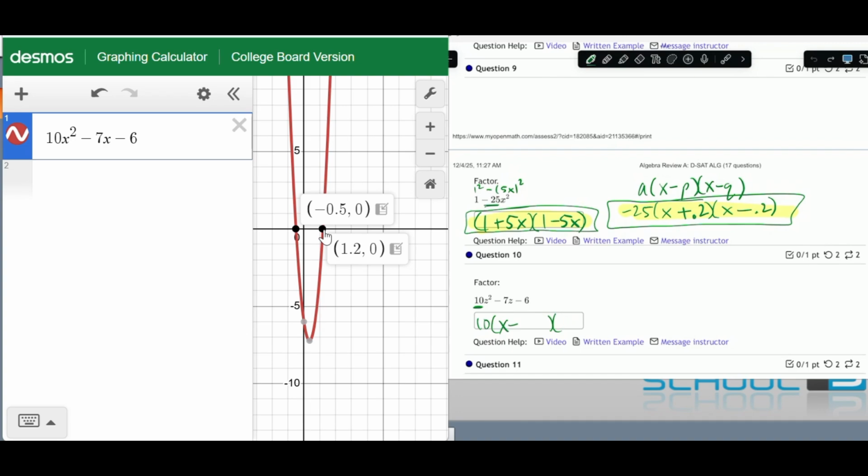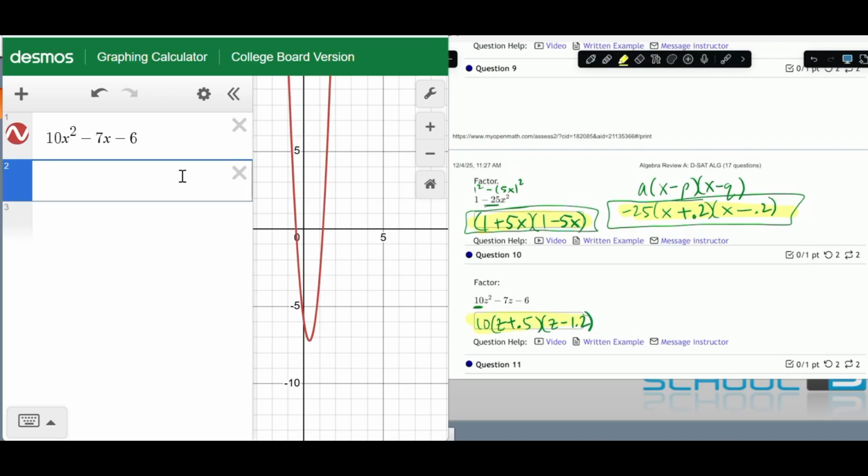Oops, I need to change those to z's. And then find our two intercepts. So minus a 0.5, so minus and minus becomes plus 0.5. z minus a 1.2 becomes our second. And so this is our answer. If I wanted to verify, is that correct?